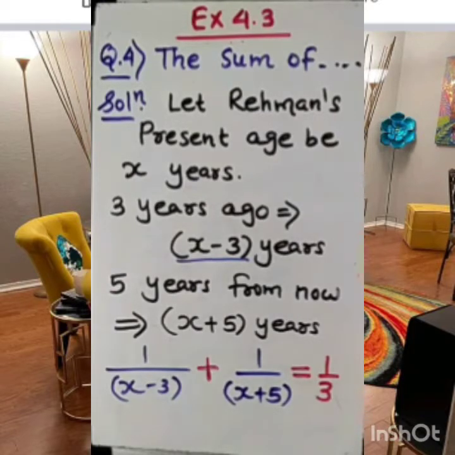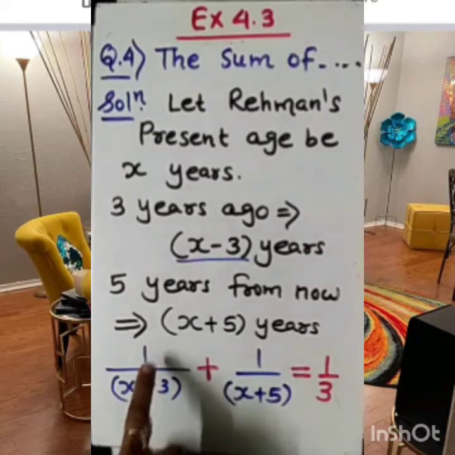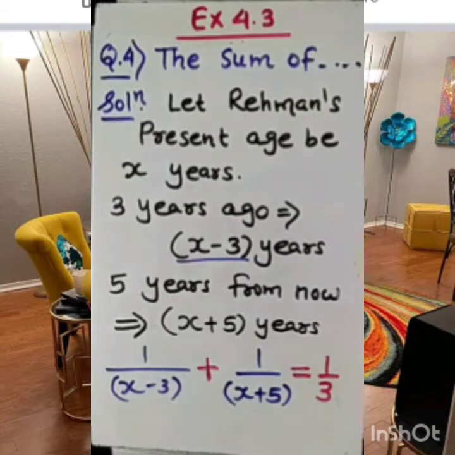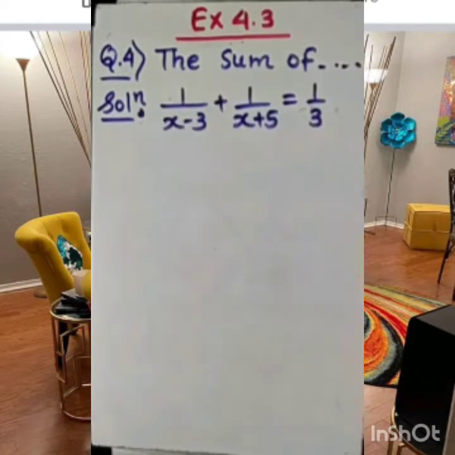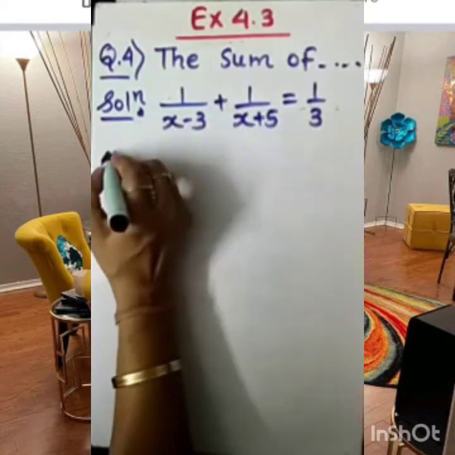So let's work out the simplification part of this equation by taking an LCM. So next step, what will be the next step? Let's note down. So let's try to simplify. So LCM will be here, therefore plus sign compulsory.